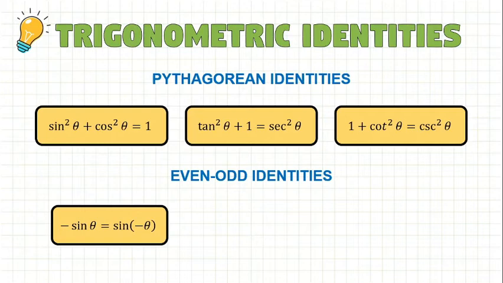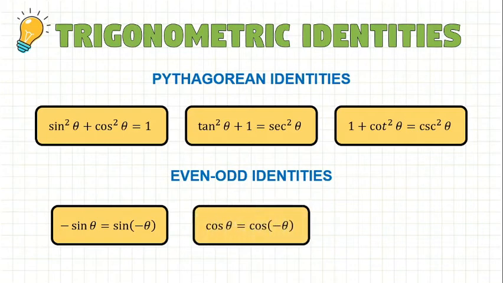The second one is for cosine. We have cosine theta is equal to cosine negative theta. The cosine function is an even function. That's why we have this identity, cosine theta equal to cosine negative theta.